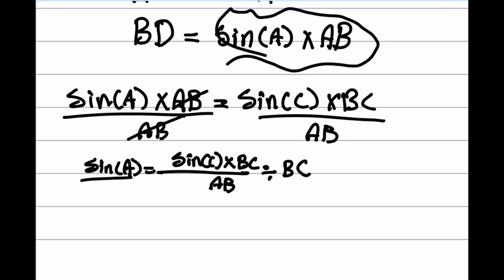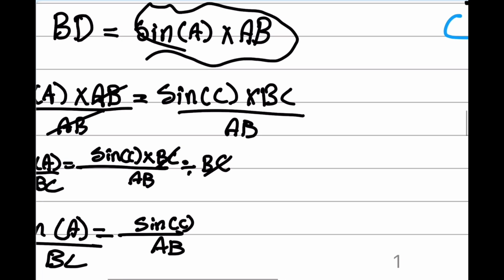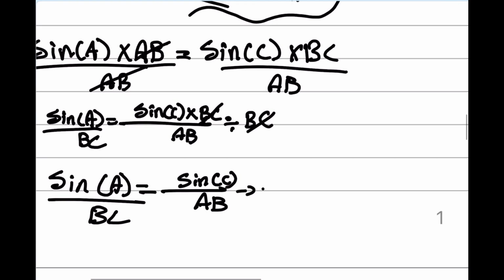This will be cancelled, and we got the final form: sine A divided by BC is equal to sine C divided by AB. This is number 2.